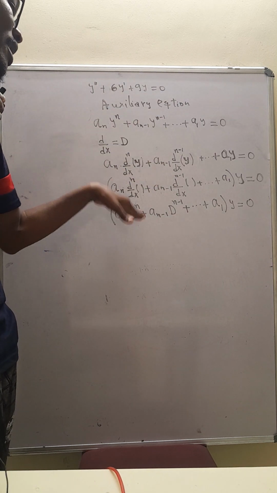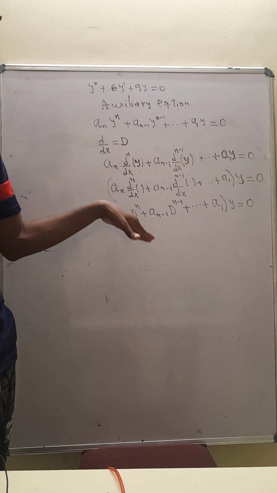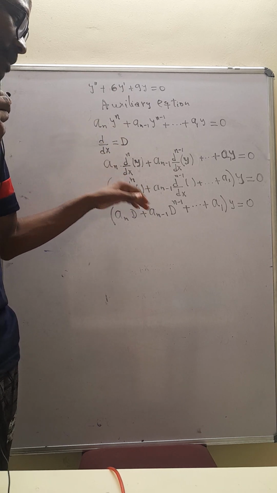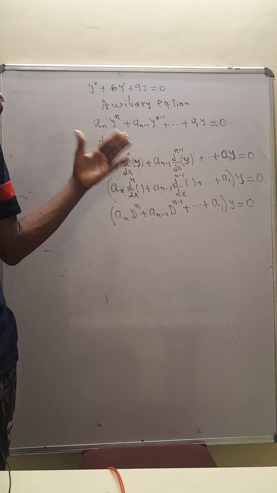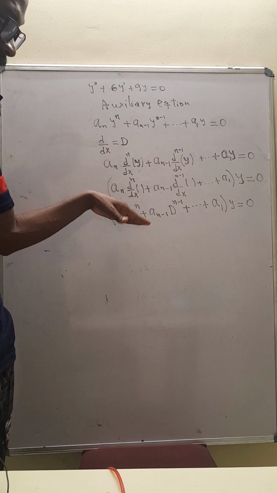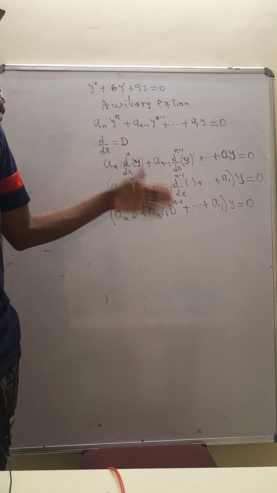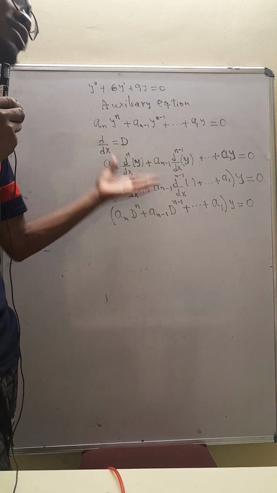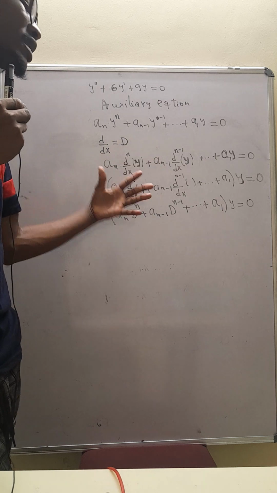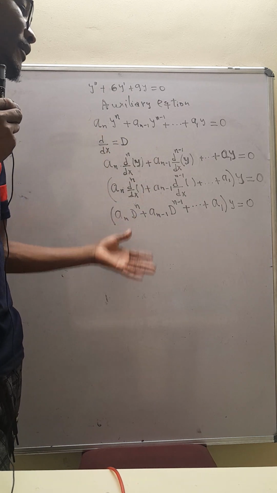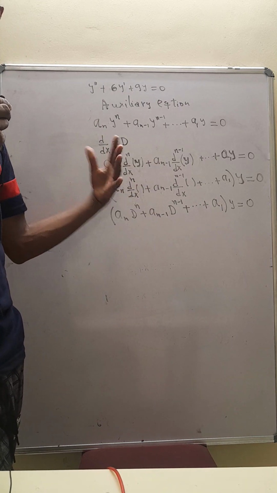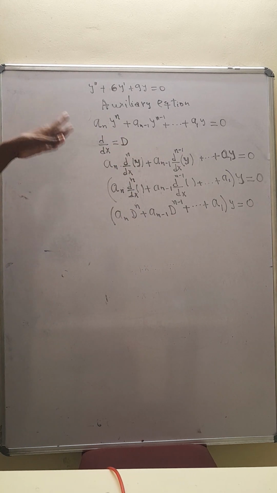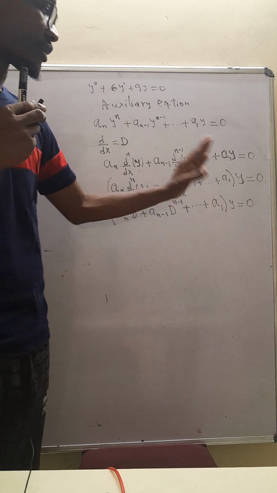Suppose D has infinite different real roots, we will use those formulas. Suppose D has imaginary repeated solutions, we will use those formulas, and so on. In a nutshell, this is your auxiliary equation.